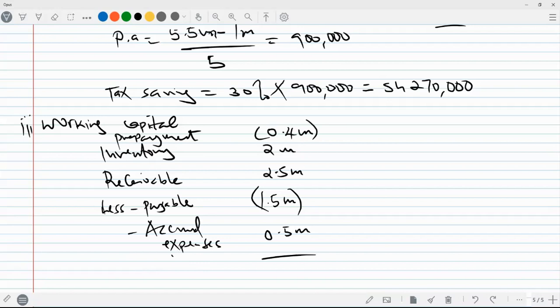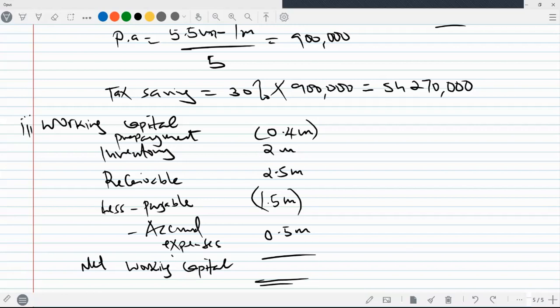Okay, and that therefore gives the net working capital how much? 3.9 million.